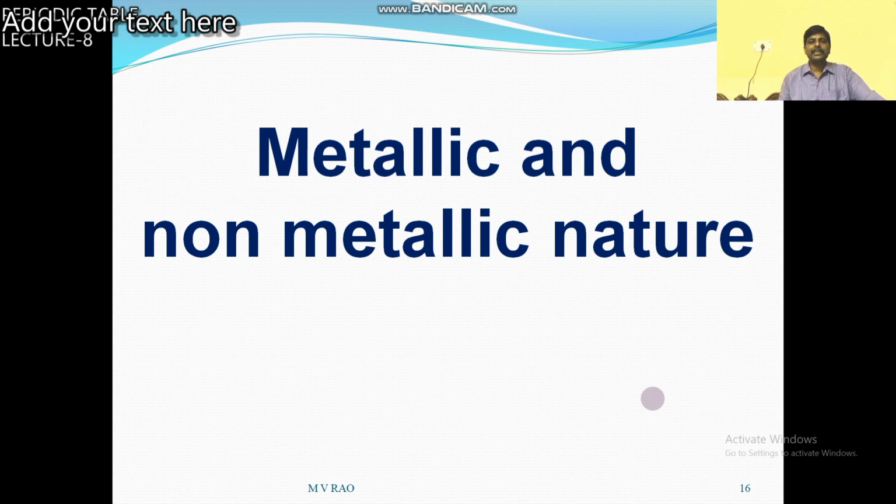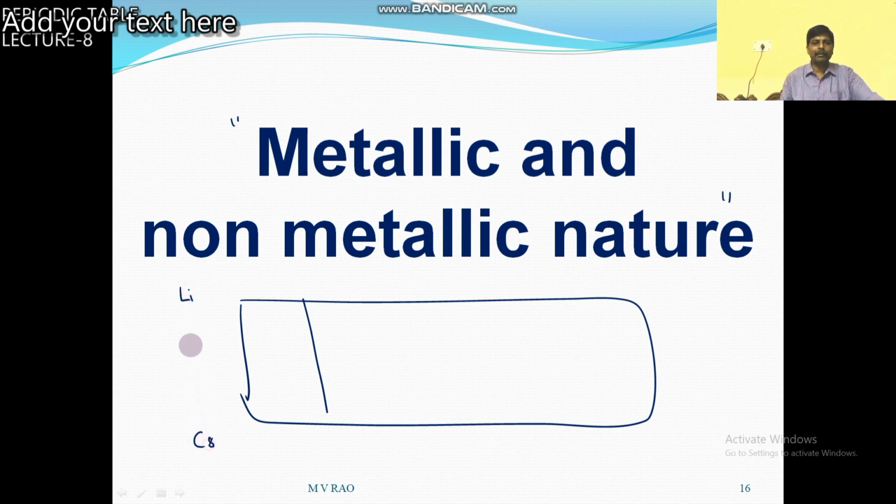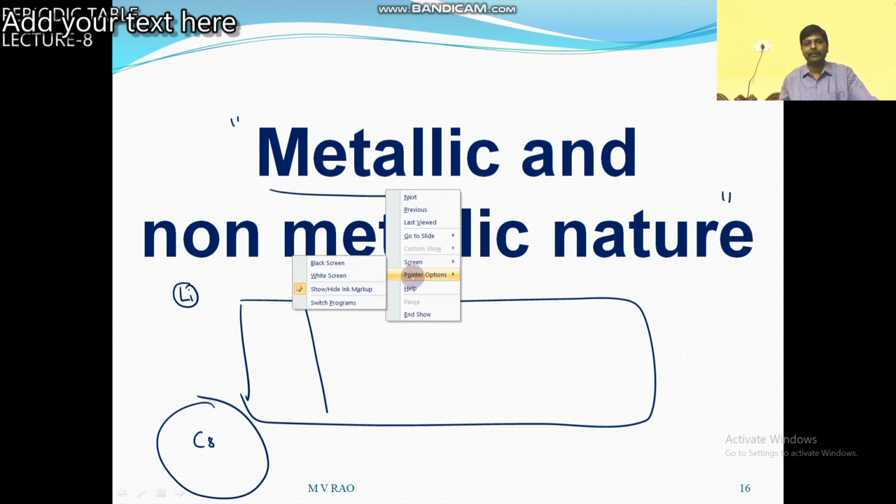Next topic is metallic and non-metallic nature, and how it varies in the periodic table. In lithium to cesium, top to bottom, size increases. What are metals?